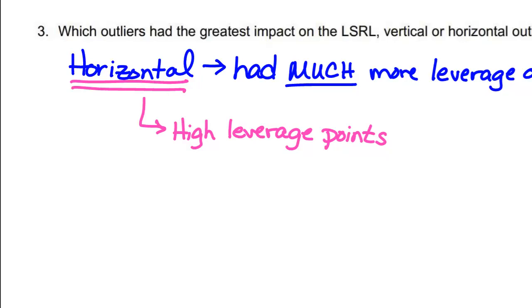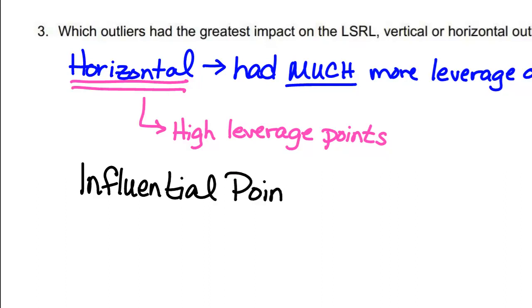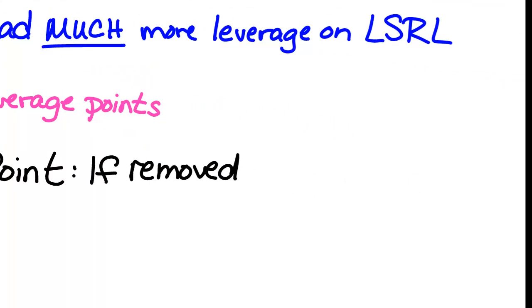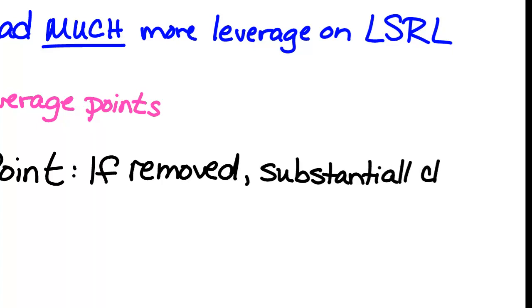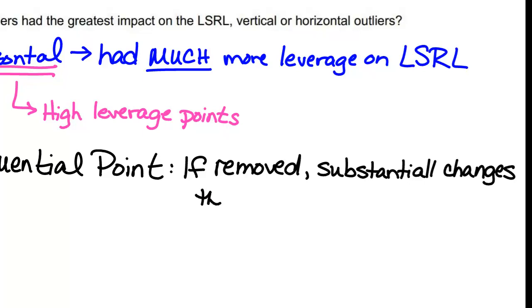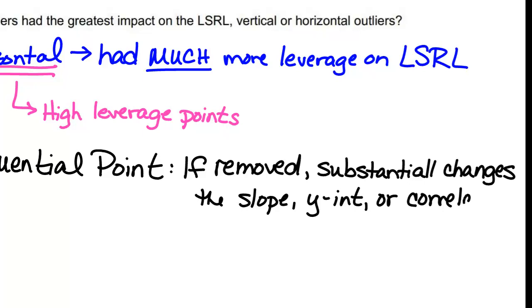We call something an influential point if it's a point that, if removed, substantially changes the slope, the y-intercept, or the correlation, our R value.